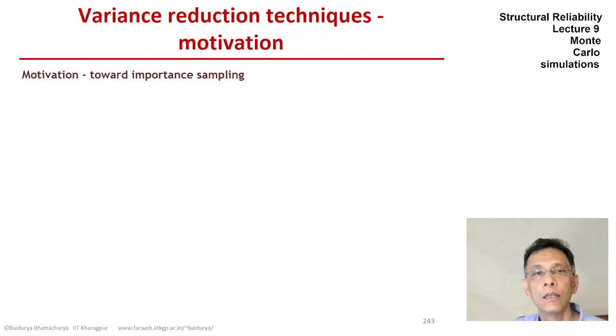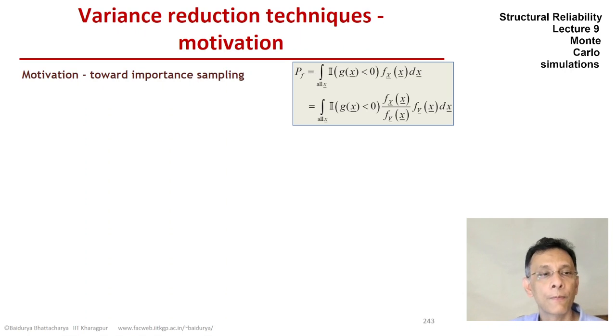For example, each of those trials may involve one finite element run of a large structure, which might take minutes or hours to solve. So we do not have the luxury of doing millions of trials. That's where this variance reduction technique, this more efficient sampling, becomes almost a necessity.